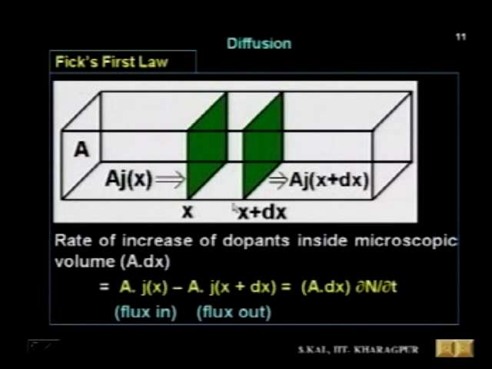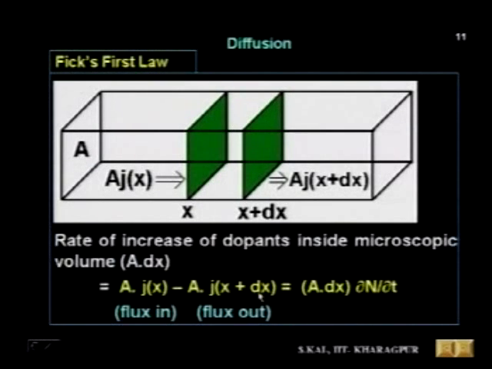It is A dx. And if the rate of increase of the impurity atoms in this particular volume, the incremental concentration of these dopant atoms, is del n del t, then A dx del n del t will be equal to A Jx minus A Jx plus dx.